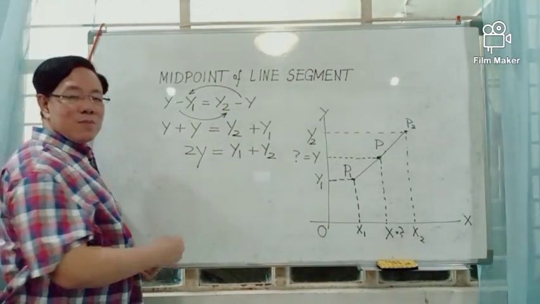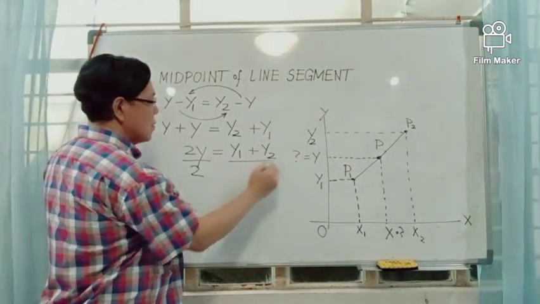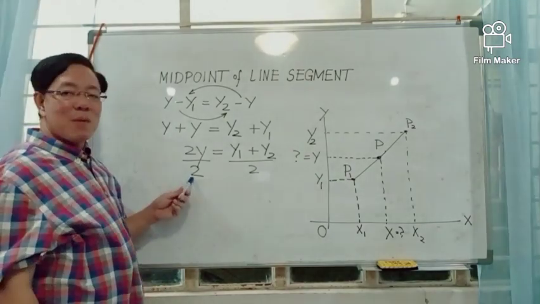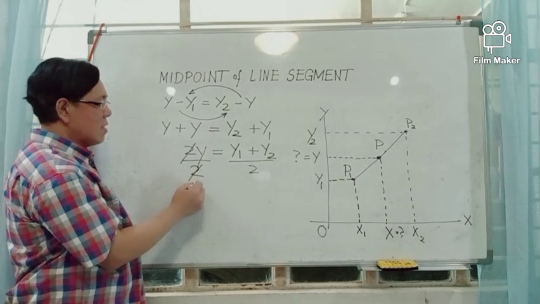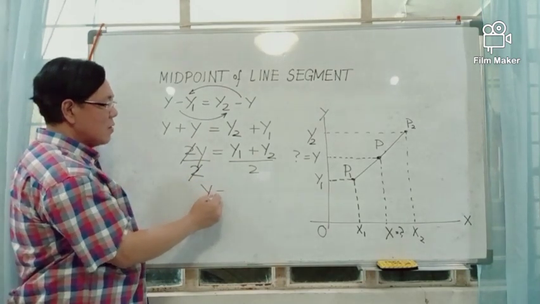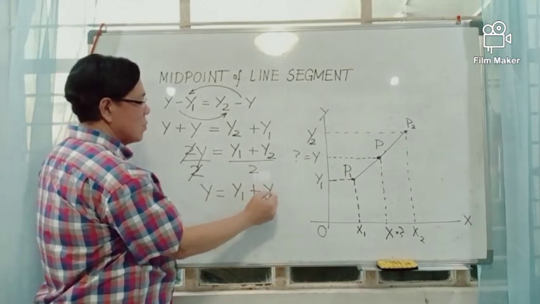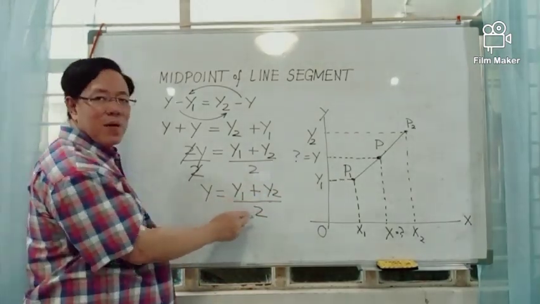And we divide both sides of the equation by 2 so that we get y only at the left side, and y will cancel out from the left side. We have y equals y1 plus y2 over 2. Divide by 2.